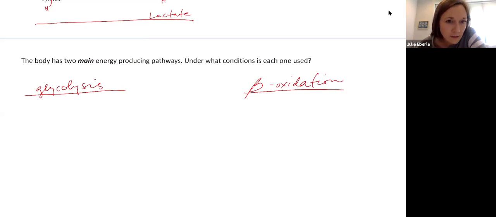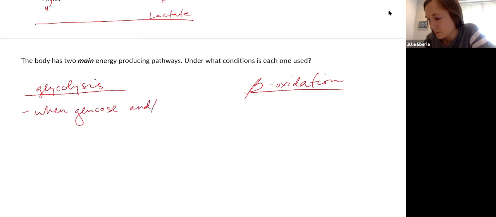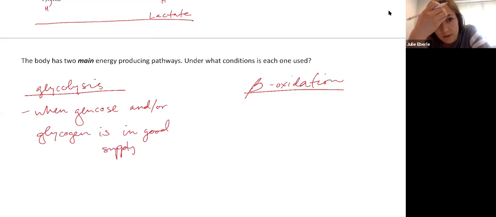We still get a decent yield of ATP from it. Okay, our diets typically tend to contain a lot of carbs and a continuous supply of glucose. So our body just uses that.